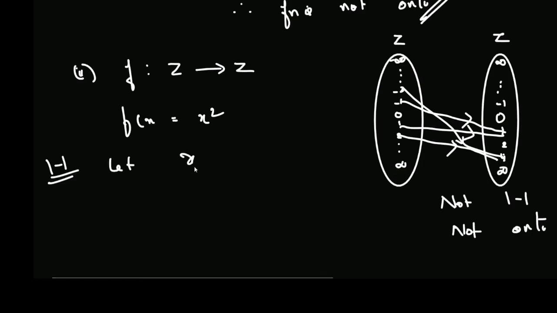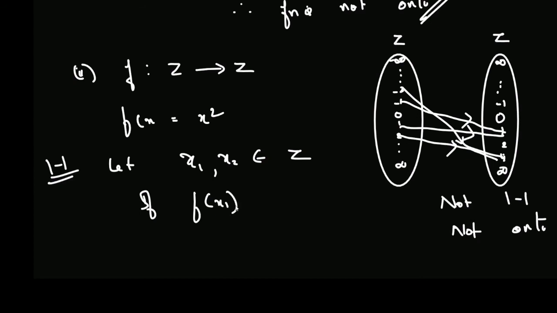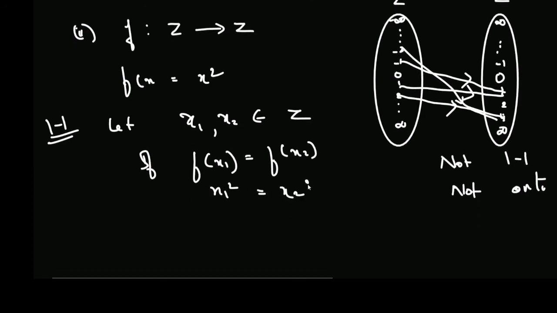Let x1, x2 belong to Z. If f of x1 is equal to f of x2, that means x1 square is equal to x2 square. So you can write x1 square minus x2 square is equal to 0.